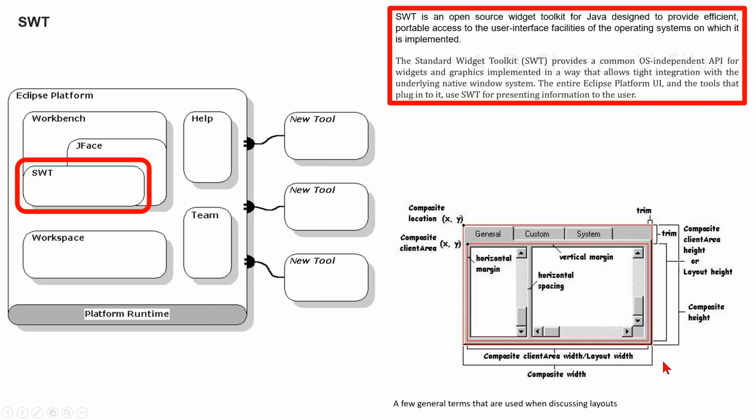The diagram here illustrates a few general terms that are used when discussing layout. The composite, in this case a tab folder, has a location, client area, and trim.